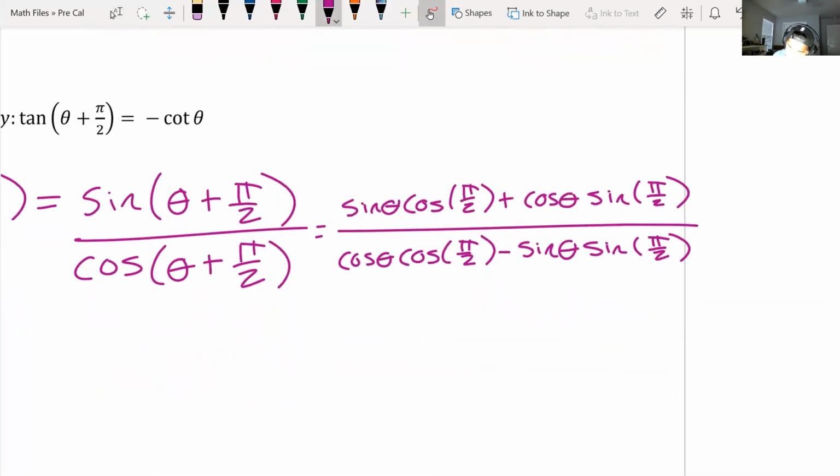Now, what is the value of cosine at pi over 2? 0.